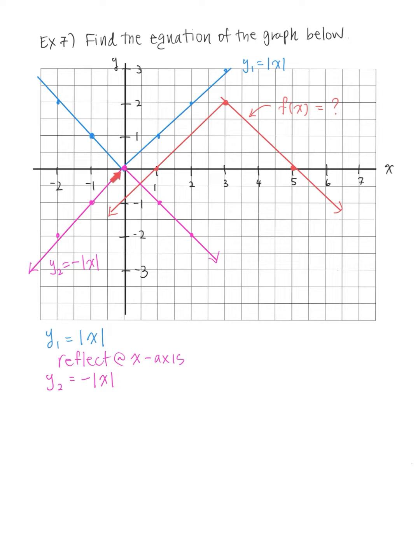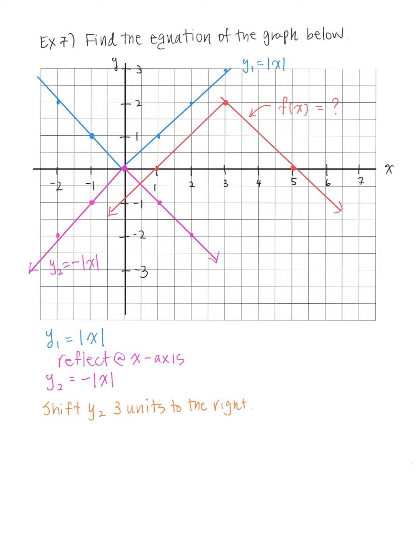So first of all, if I could move the origin to x equals 3, meaning I should shift everything by 3 units so that at least the pointing part of the triangle is going to match up with the f of x that we're looking for. So next what I'm going to do is shift y2 horizontally by 3 units to the right.